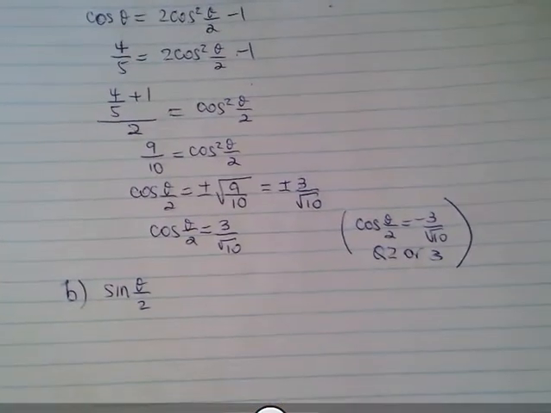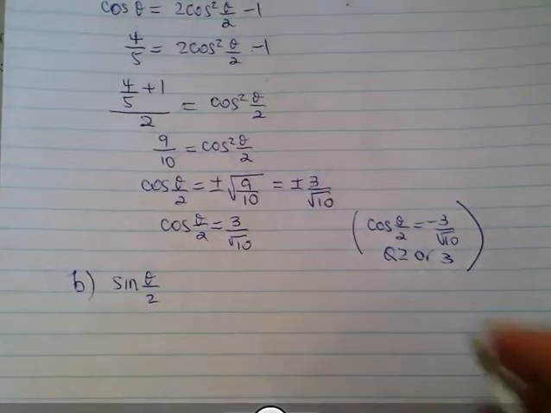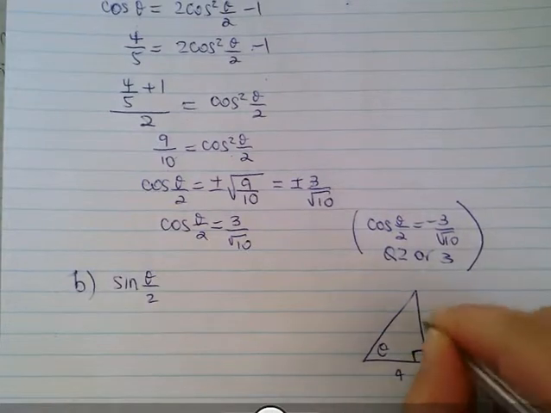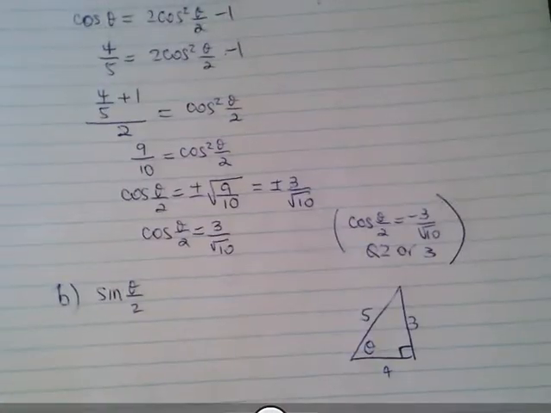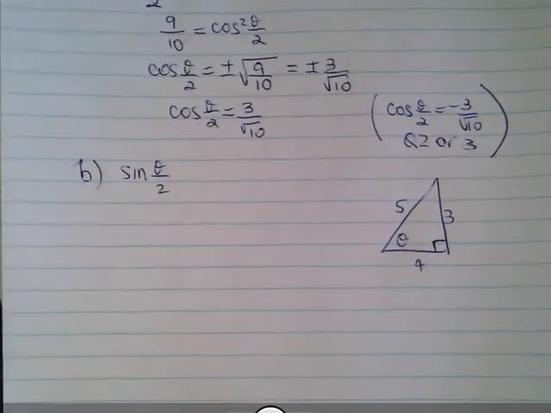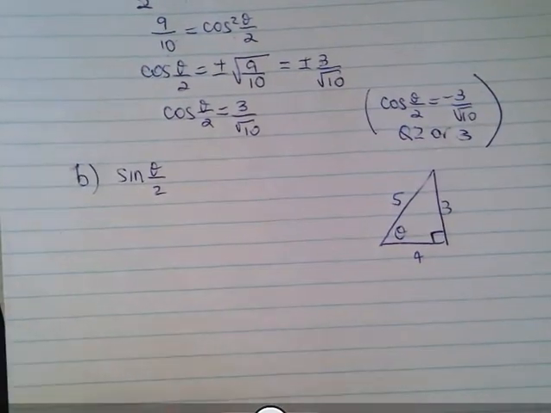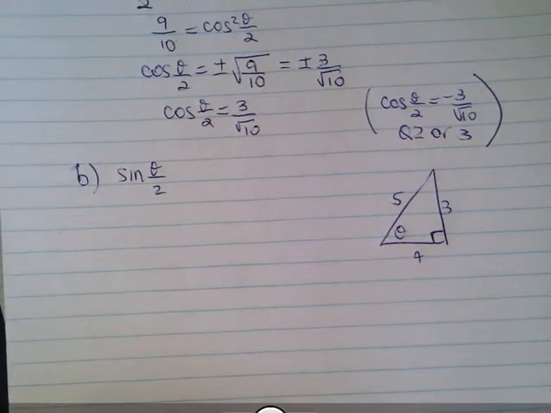All right, now you have to come up with an expression for sine theta on 2, and then we want one for tan theta on 2. Again, I'll draw up the right angle triangle. For sine theta on 2, we can use the cos result again.